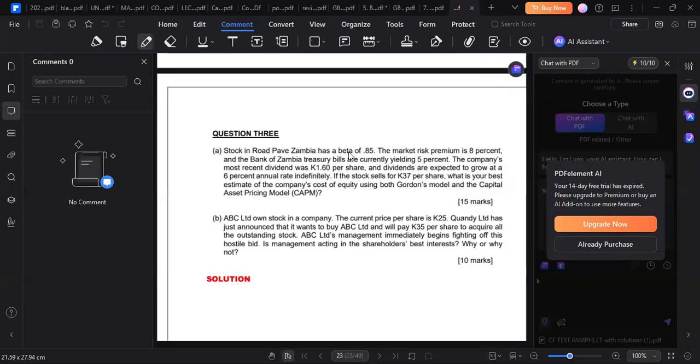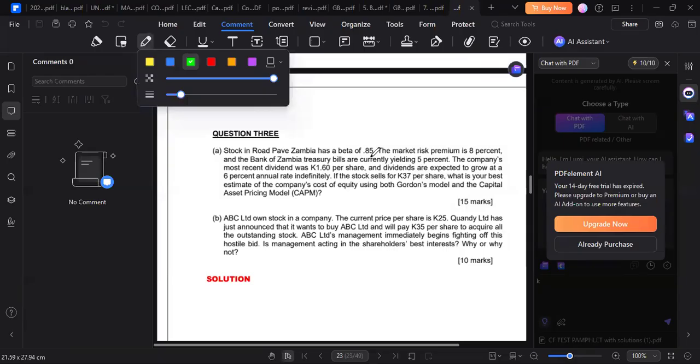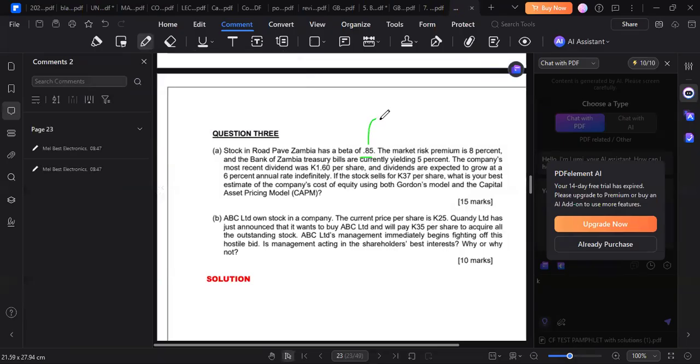The premium, 8%, is the difference between the market return minus what? Risk-free rate. That one, what is found in the brackets?